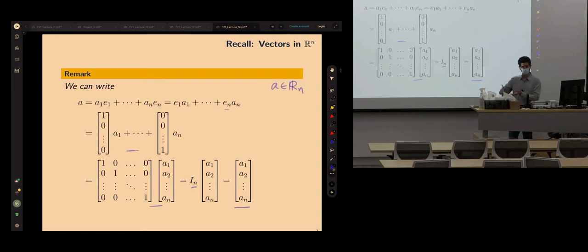So writing in columns is the same as writing as a linear combination of the columns of the identity matrix, right? For any space Rn.